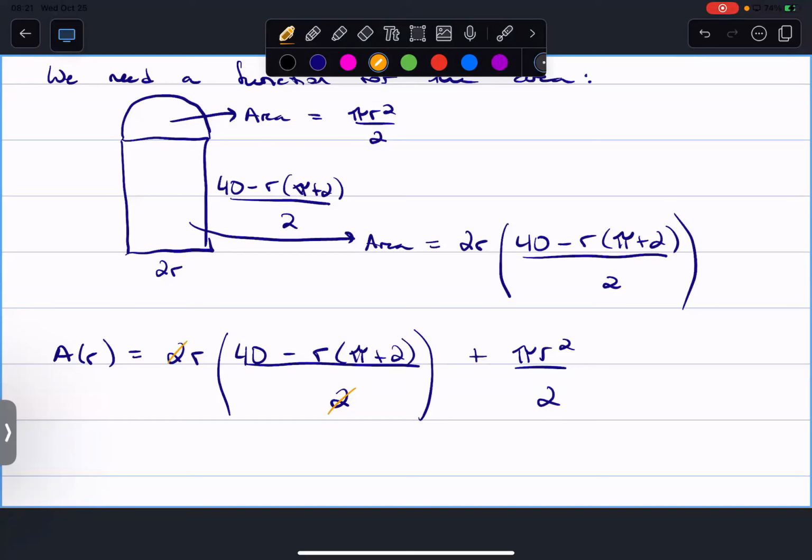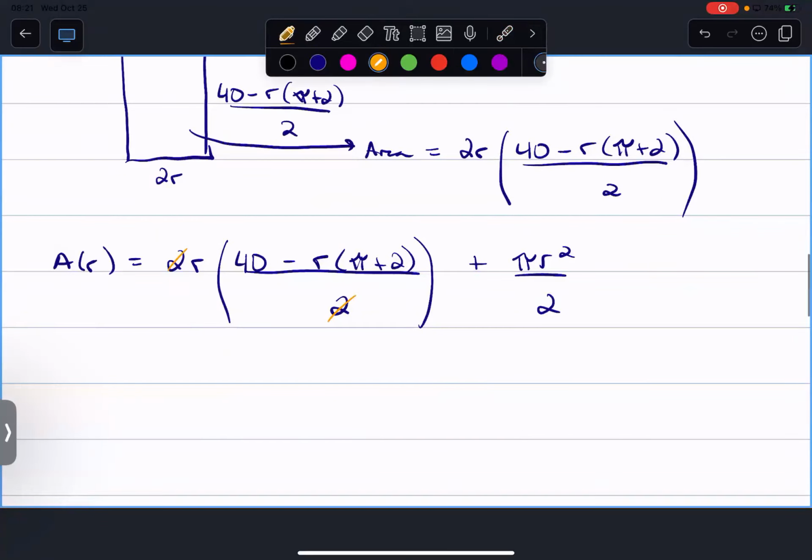I want to expand this out and make it look like a proper quadratic. That's what we're working with. So let's see here. R times, I'm going to expand this in here. So I get 40r minus r squared times (pi plus 2), plus pi r squared over 2.